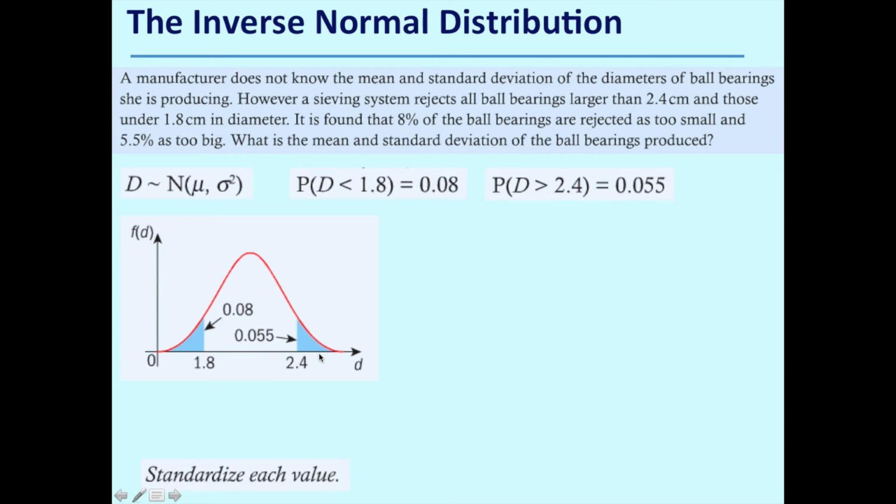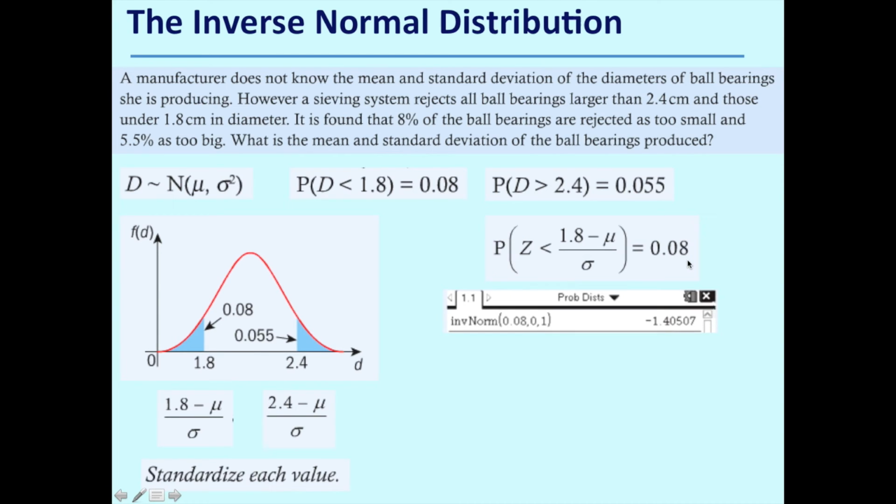So again, we're going to need to standardize each of these before we can solve this. So the value on the left is going to be 1.8 minus mu over sigma. We still don't know what these are. We can do the same thing on the right here. Ultimately, we're going to be using simultaneous equations. So the probability that this value z is less than this standardized value is going to be 0.08.